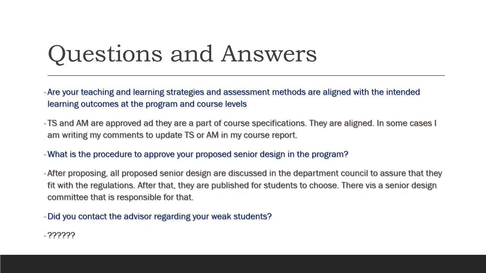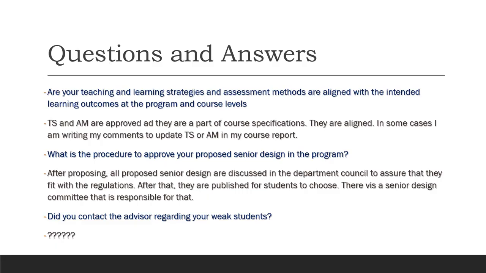Are your teaching and learning strategies and assessment methods aligned with the intended learning outcomes at the program and course levels? To answer this question, of course, if you apply teaching strategies and assessment methods approved by the department council in your program course specifications, you have to follow them and apply them.